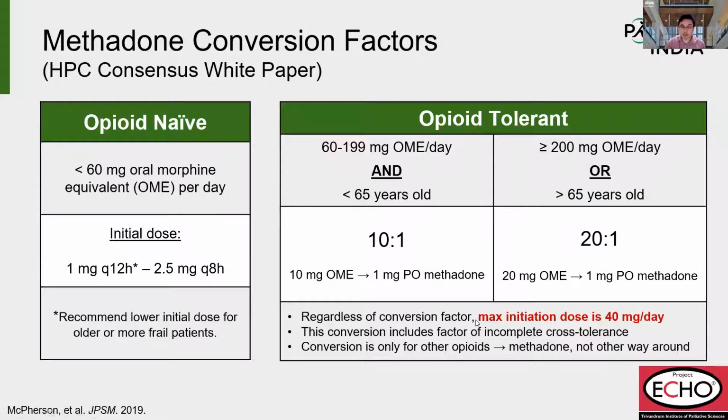In the event that patients have very high opioid requirements, the general recommendation from the white paper consensus and also APS is that the maximum initiation dose, regardless, should be 40 milligrams per day. This conversion ratio actually includes the factor of incomplete tolerance, so you don't need to further decrease because you're switching opioids.